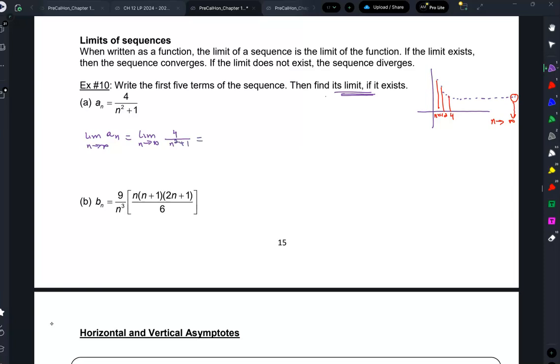And what will this be? 0, right? Because it approaches 0, which is a finite number, we say it converges. What if the limit approached -3? Also converges.